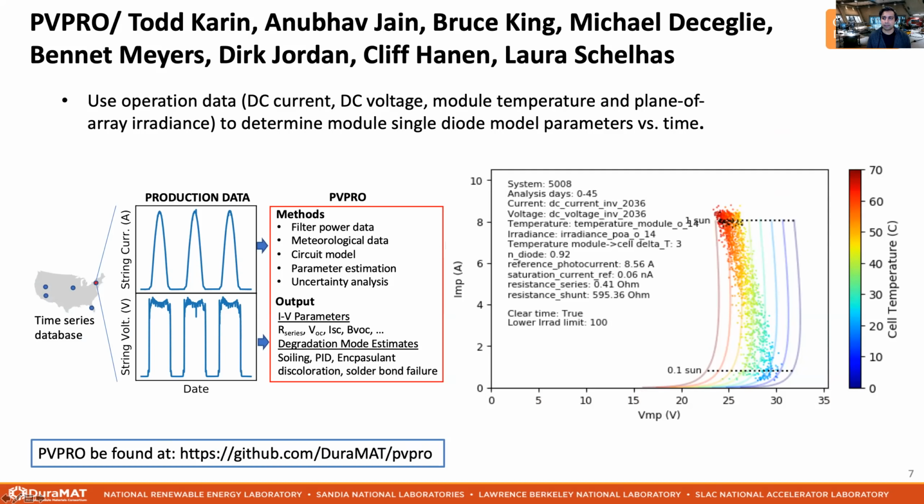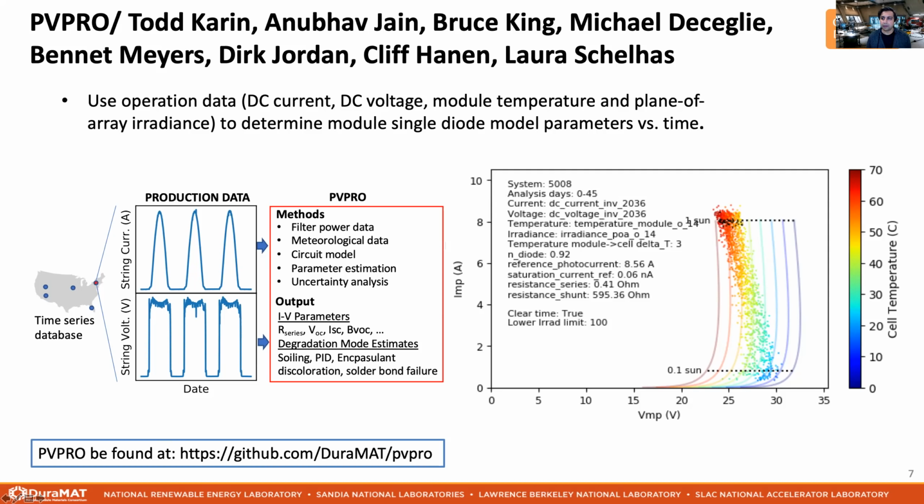And from this historical operating data, to actually extract details of what's going on in the modules and in the strings. By fitting a single diode module, you can actually get parameters like the series resistance, the short circuit current, shunt resistance, whatever, as a function of time.